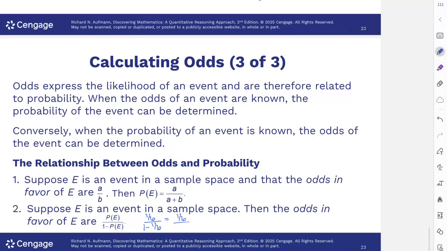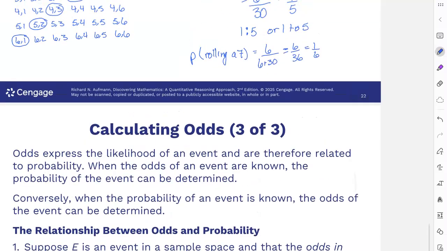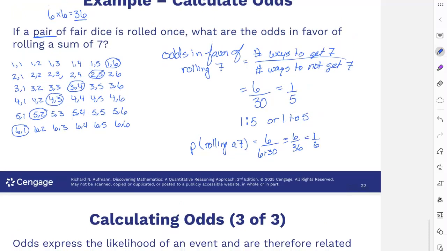So this is 1 out of 6 divided by 6 out of 6 minus 1 out of 6, which is 5 out of 6. And we do keep, change, flip, which would be 1 out of 5, which is what we got using our odds formula here.